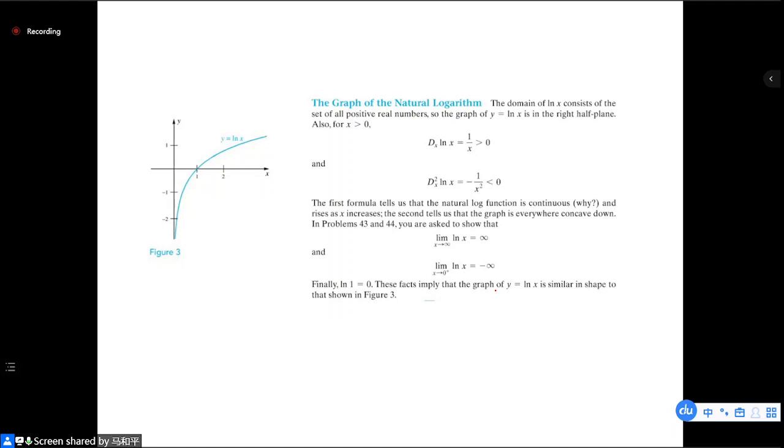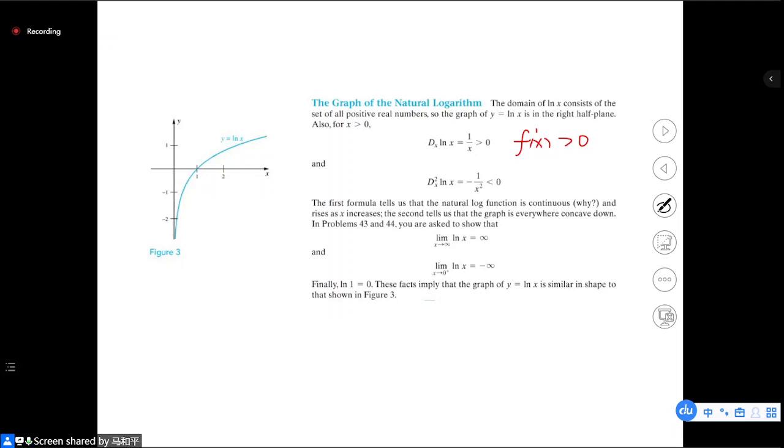This means y prime is positive. We learned last semester, if f prime x is positive, this means f is increasing or decreasing? Remember? Yes, it's increasing.